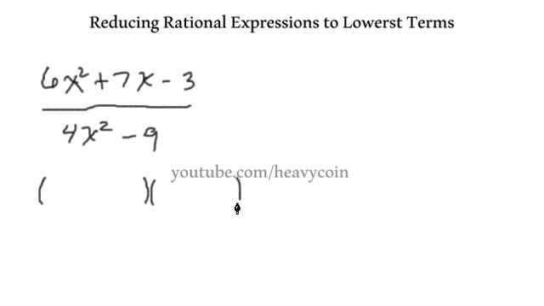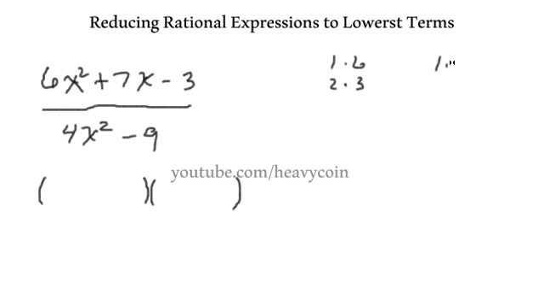Alright, we're looking for numbers. Let's see, here's our possibilities. We can use 1 times 6 to get 6 here, or 2 times 3. And then for this term here, I guess it's just going to be a 1 and a 3.